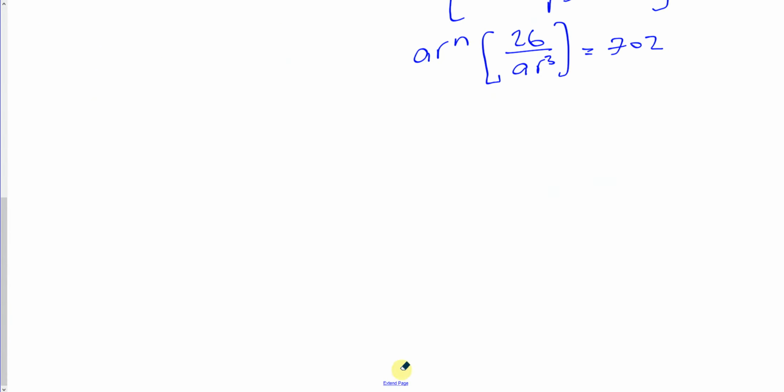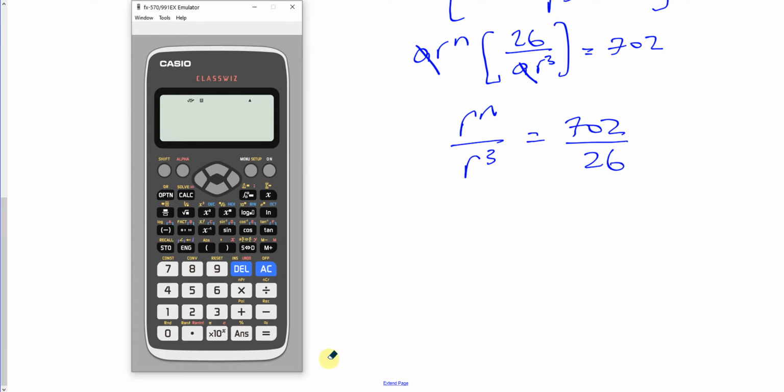We can cancel out the a's and divide both sides by 26. So you have r to the power of n over r to the power of 3 is equal to 702 over 26. Now, taking the calculator, I can divide 702 by 26, and that gives me 27.